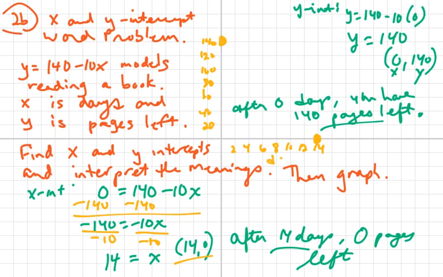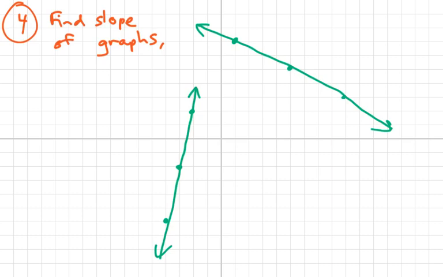And then x is days, and then this is pages. And then there's the graph. And you can see that the more days that go by, the less pages that you have left. Now, objective 3 is thrown out, so we're going to go to objective 4.